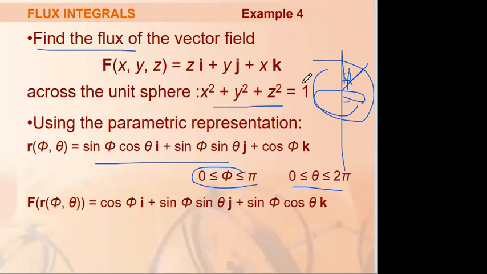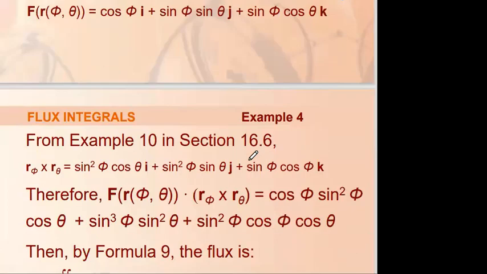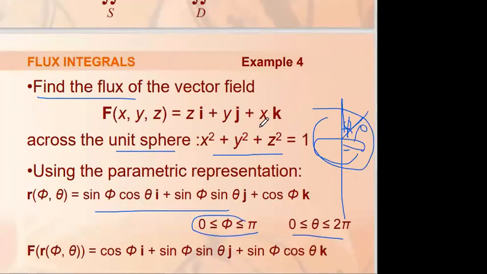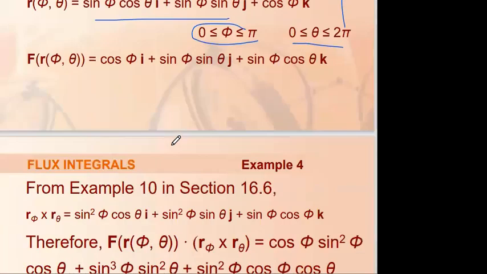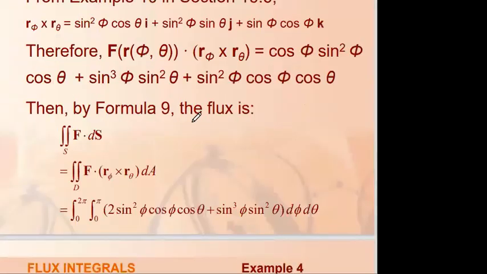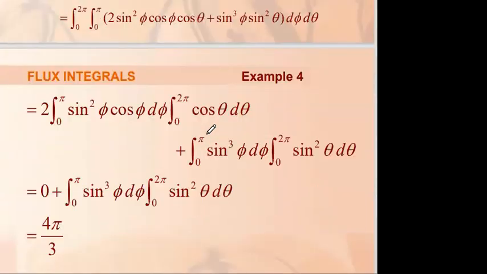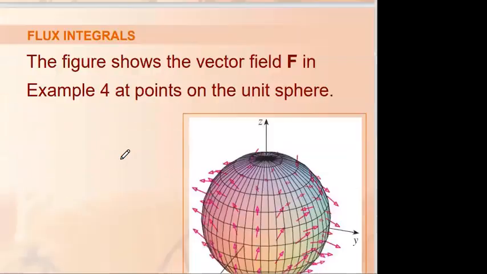You are working on the surface of the unit sphere, so the radius rho is 1. These are famous geometries: sphere, cylinder, a part of a plane. So we could compute. Otherwise, you have to use a computer to compute the double integral, the surface integral.